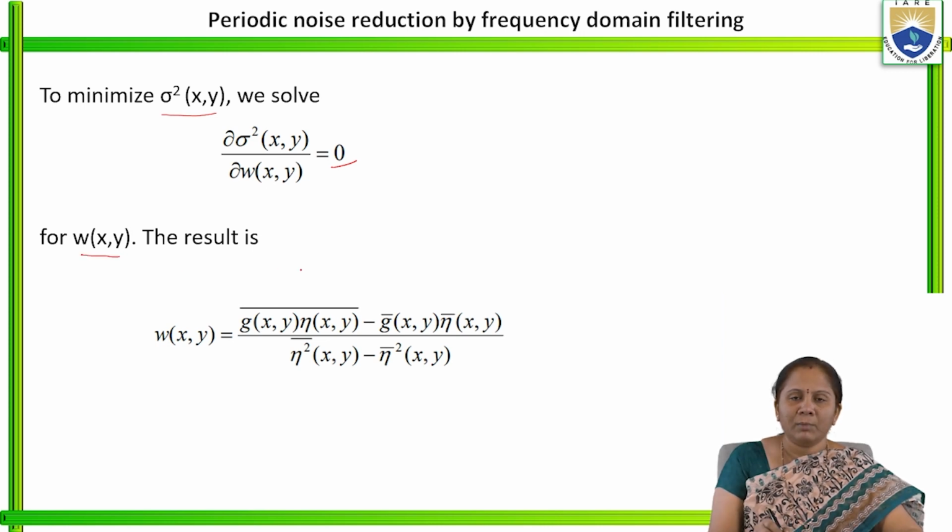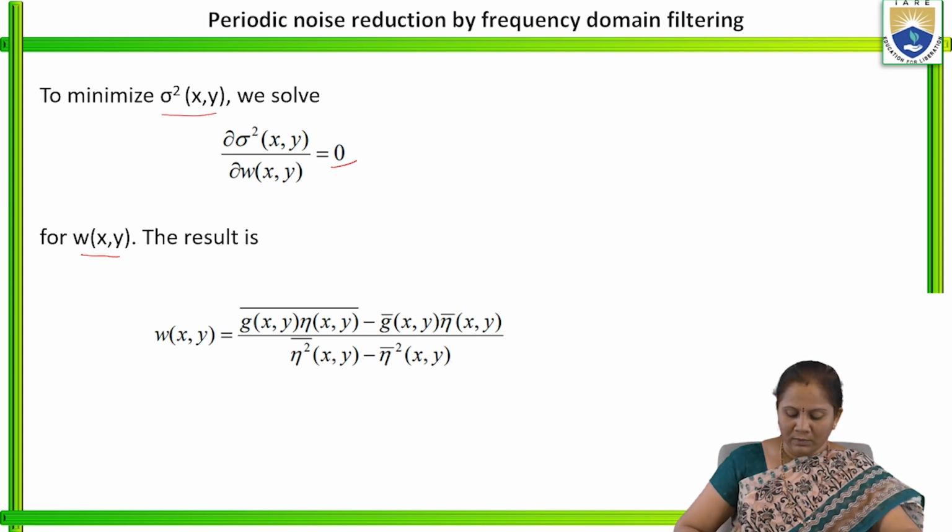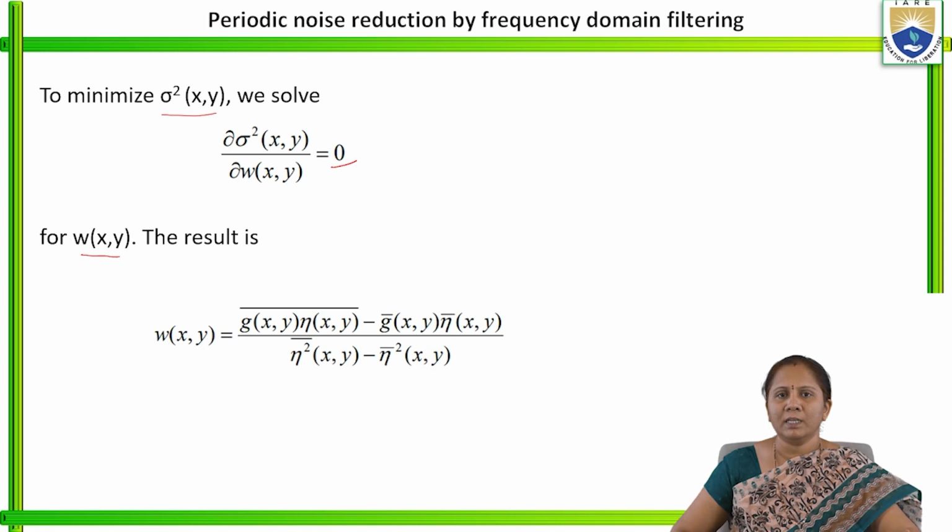For w(x,y), the result will be like g dash(x,y) eta(x,y) minus g dash(x,y) eta dash(x,y), divided by eta square dash(x,y) minus eta dash square(x,y). So this is the mathematical analysis we have to consider to perform the operation by using this optimum notch filter.